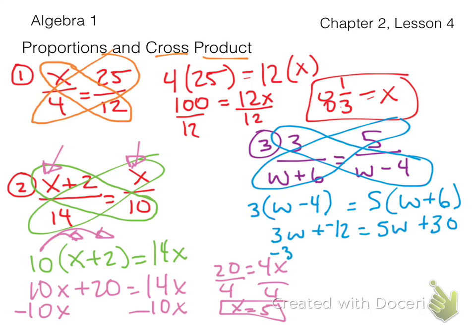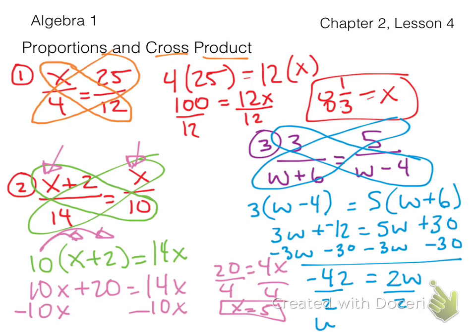And I need to combine like terms. So that's going to be 2w is equal to negative 42, divided by 2, divided by 2. W equals negative 21. All right, and again, if you plug it back into w, you're going to get the right answer.